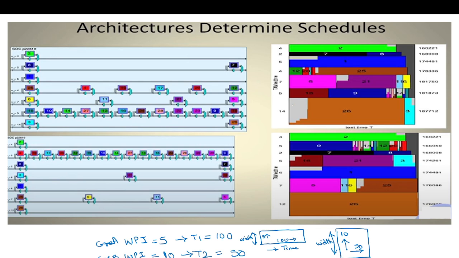So this portion which you are seeing here are the idle bits, or we can say, yeah, we need idle bits, surely. The empty place where we are not performing any testing.